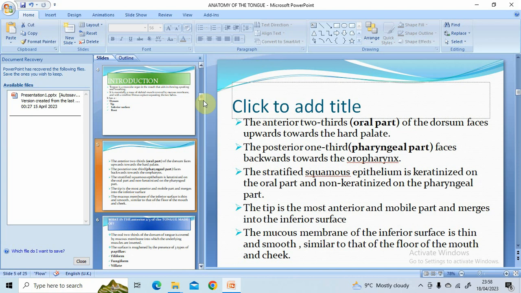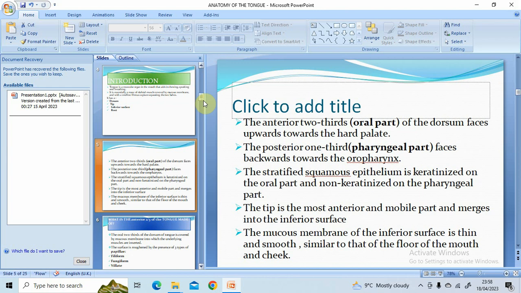Remember I said that the sulcus terminalis, an ill-defined structure, divides the tongue into two parts: the oral part, which is the anterior two-thirds, and the posterior part, which is the pharyngeal part, the posterior one-third.